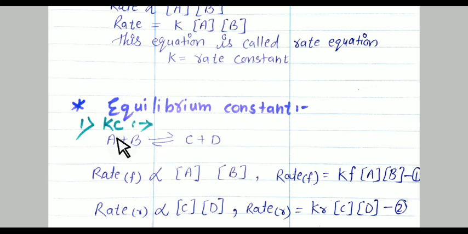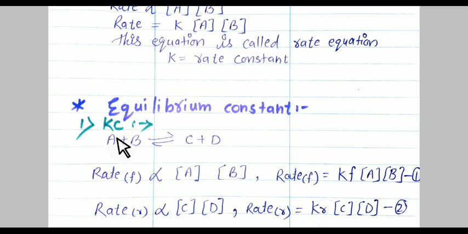Now, what do you mean by equilibrium constant at molar concentration? So, the definition of Kc is the ratio of the product of equilibrium concentrations of products to the product of equilibrium concentrations of reactants. Means concentration of product divided by concentration of reactant, with the concentration of each substance raised to the power equal to the stoichiometric coefficient in the balanced chemical equation.